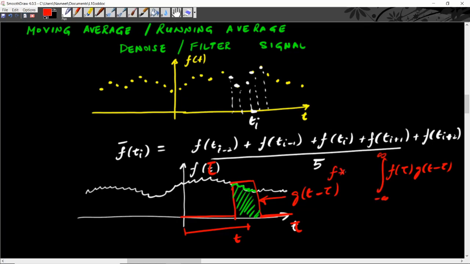Therefore, the moving average can be thought of as convolution of the signal with a rectangular pulse of a particular width.